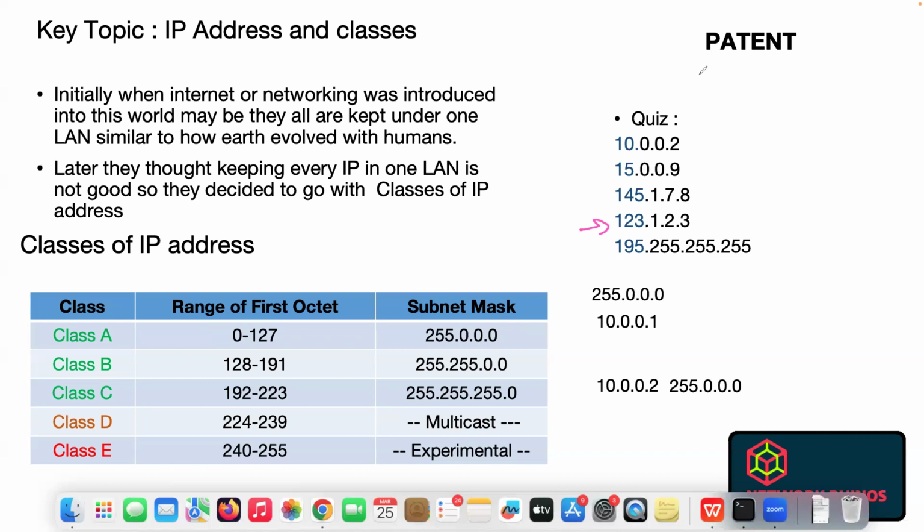Class A? Correct. Now you are correct. Class A. Now what will I get? 255. The network portion is 123. The host portion is 1.2.3. Easy.